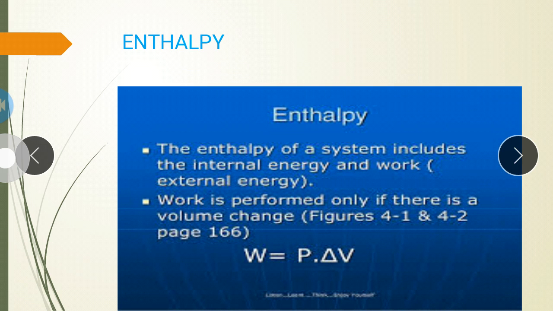So here the work is performed only if there is a volume change. So W is equal to P into delta V. So P delta V can be equated to the work done by the system. So enthalpy of a system includes the internal energy and work. Work is external, can be considered as the external energy.